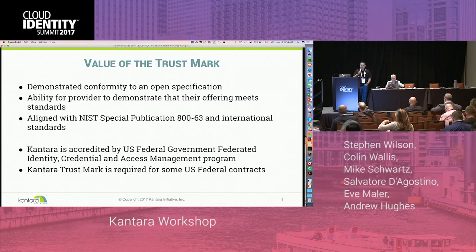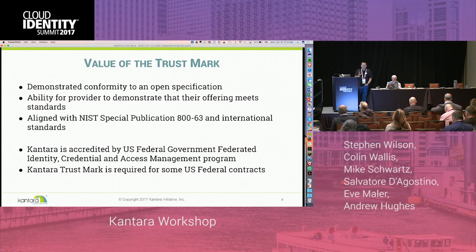So the framework describes what a credential provider should be doing, and the conformity mark says that you as a service provider have been evaluated and are doing what's specified there. I know I didn't explain that very clearly, but it's a way to verify what the providers are actually offering you without having to audit them directly.